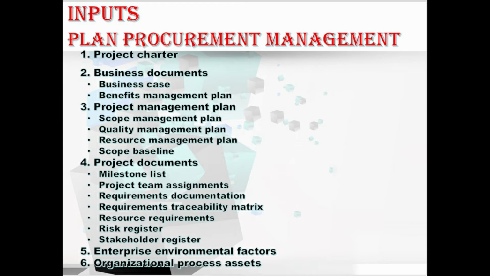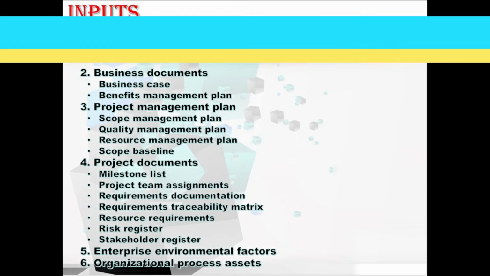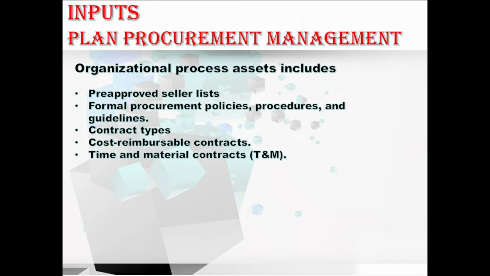Let's move to the next input, organizational process assets, that is OPAs. The organizational process assets may include the various types of contractual agreements used by the organization and also influence the decisions for the plan procurement management process.